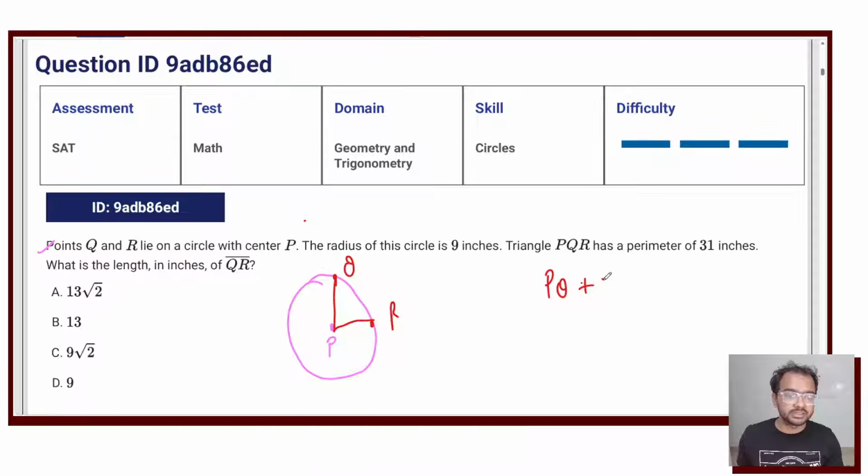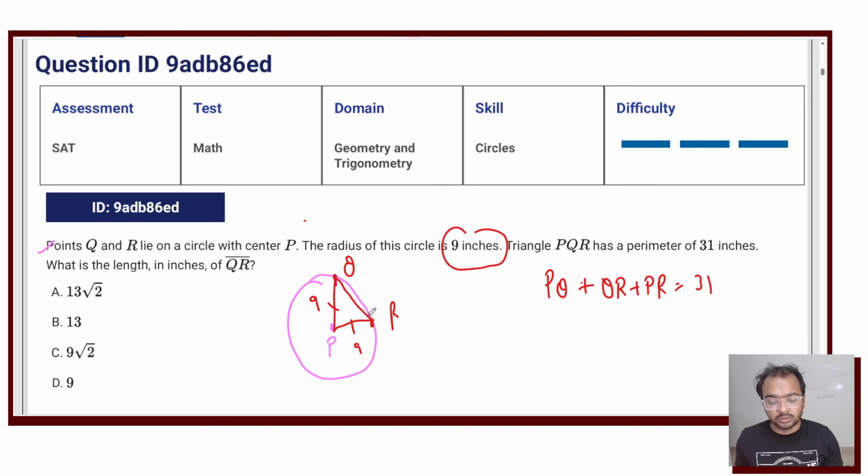I can write the perimeter as PQ plus QR plus PR equals 31. The radius is given as 9, so PQ and PR are both 9. The only unknown length is QR, and this is what they are asking: what is the length in inches of QR?